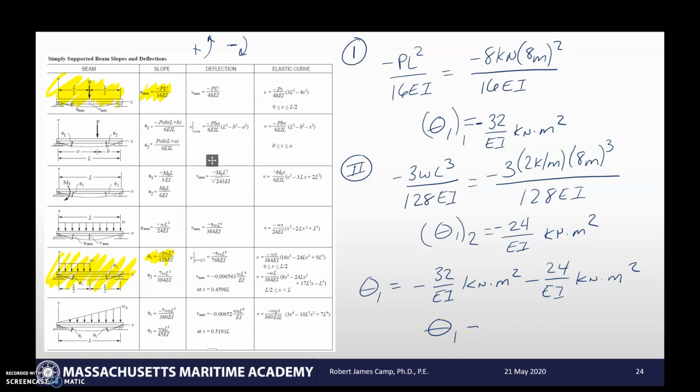So when I superimpose those two together, my total slope will end up being negative 56 kilonewton per meter squared divided by EI. Remember, EI is the modulus of elasticity times moment of inertia, the stiffness of the beam. So we were able to take that more complex loading and break it down into the two parts and superimpose them on top of each other to find out what my maximum deflection and my maximum slope are.